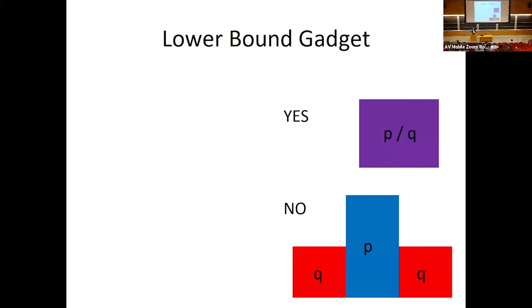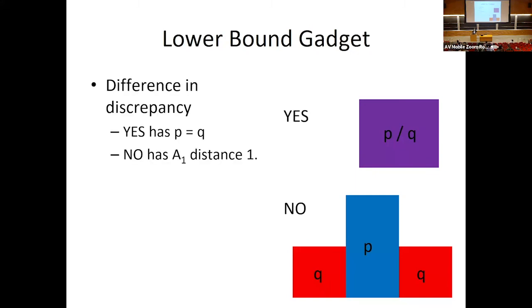For the yes instance, we just have a block of mass where P is equal to Q. And in the no instance, we have a block of Q and a block of P and a block of Q. And this gadget has two useful properties. Firstly, in the yes instance, P is equal to Q. In the no instance, they are far from each other, and that distance is totally noticeable by a single interval.